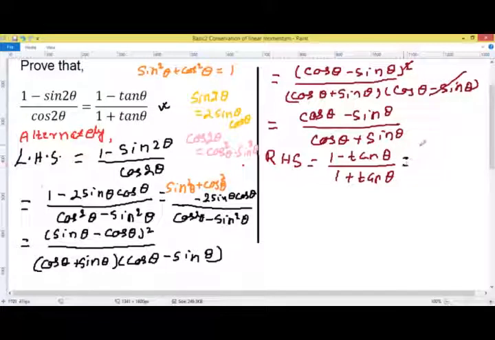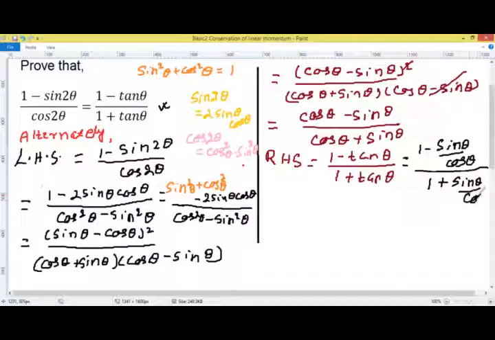You know that this is easy. In terms of sine and cosine, tan theta is sine theta by cos theta, and in the denominator also you can see this is 1 plus, in place of tan theta you can write sine theta by cos theta.